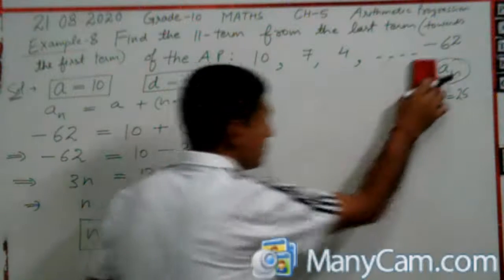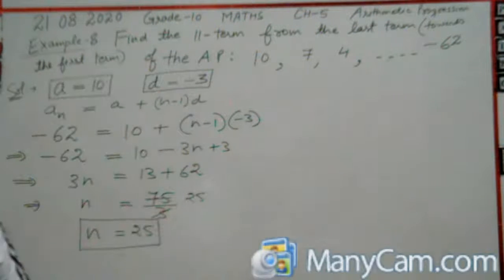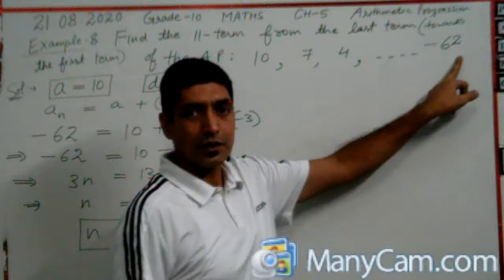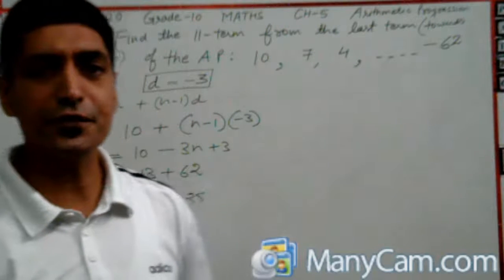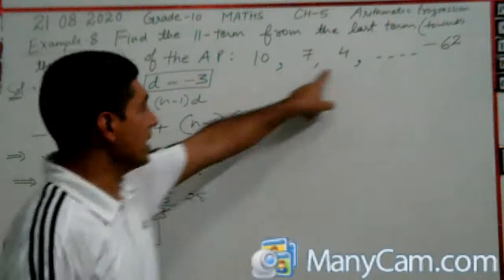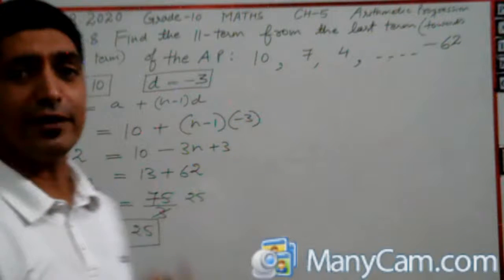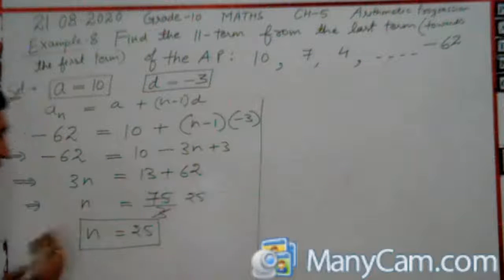So we came to know the value of n here. If an is minus 62, the value of n is 25, which means the 25th term of this AP is minus 62. Now from the backward direction, what do we want? We want the 11th term from the backward direction.